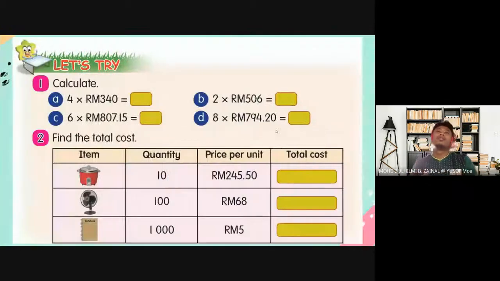Yes, now you can do. Okay. Go to your textbook. Jilid 2 part 2. Textbook part 2, page 10. Okay, let's try. Number 1, A, B, C, D. And number 2. Boleh refer to the screen if you want to.